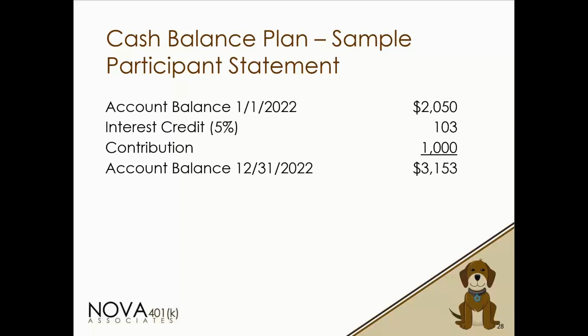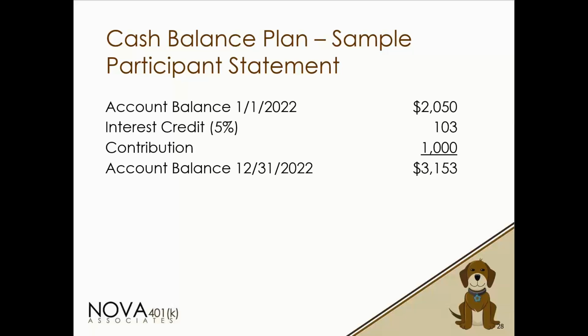Their interest is $103. They get $1,000 for being there in 2022, and by the end of the year, their hypothetical balance is $31.53. If they're vested, which this participant likely would be, they could leave on 12/31/2022 and roll over $31.53 into an IRA or something like that.